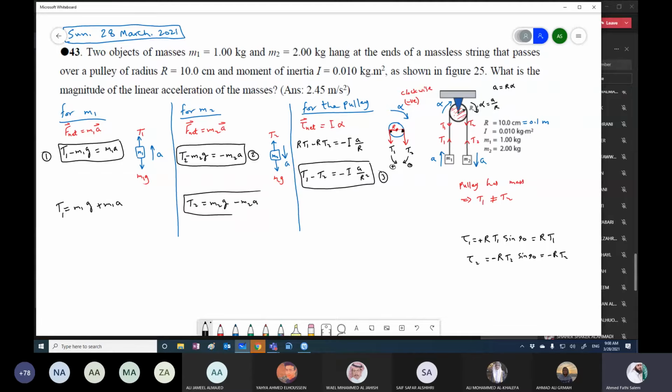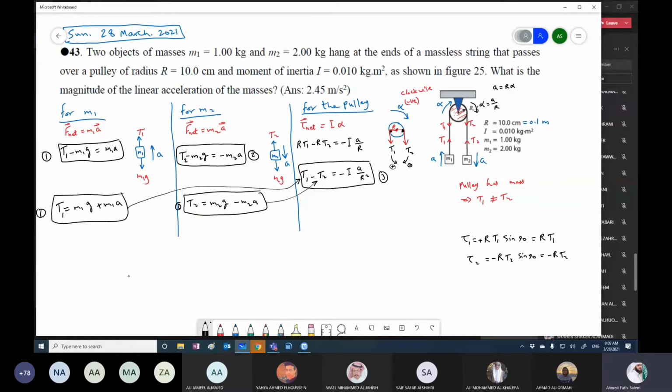So you take these two values, T2 you take and put here, and T1 also you take it and plug it there. So plug number 1, number 2, plug them in number 3, and you solve for the acceleration.